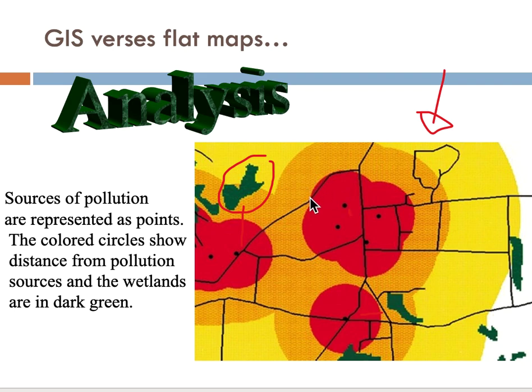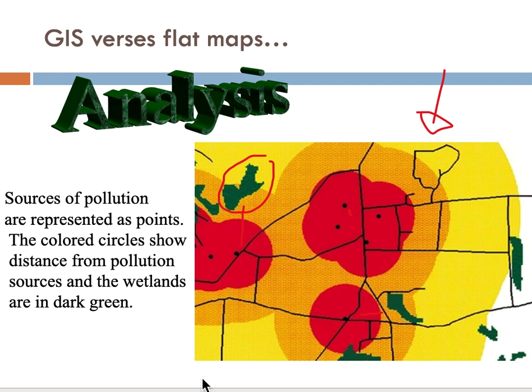The colored circles are the red and the orange, as well as the yellow. So again, this is showing us the distance from these black points, the pollution sources. And the wetlands are in dark green. So again, we have many different layers and we can do analysis.